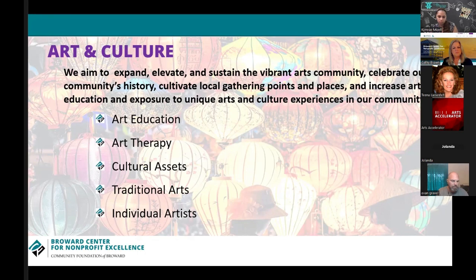I don't want to necessarily say that you can apply for general operating support, but we want to support and sustain our art and culture organizations in Broward through that subcategory, because we know that art and culture organizations are the ones that take the biggest hit and the first hit when there's any type of budget cuts. So if you want us to continue to support your organization, if there's particular programming that you're missing support for, that category is for you to tell us how you will create greater access to residents in Broward.